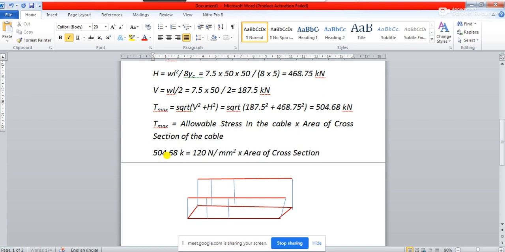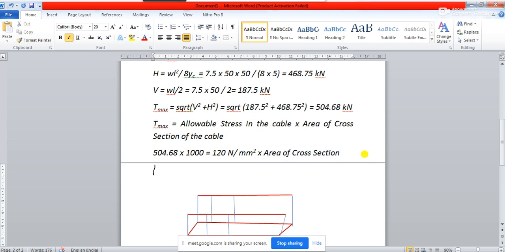This is in kilonewton, right? So I should change it to Newton, because on the other side the unit is Newton per millimeter square. Then you will directly get the area of cross section value. So area of cross section is going to be equal to 504.68 multiplied by 1000 divided by 120.